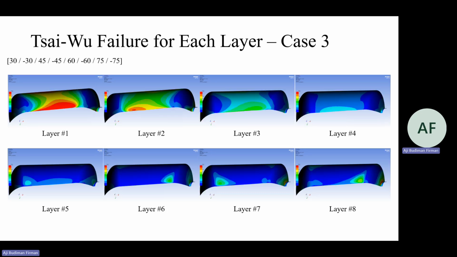Case 3 shows the highest failure risk because several layers exceed the failure limit. Since the sequence doesn't include 90-degree hoop plies, the laminate has lower resistance to hoop expansion. Therefore, case 3 is the least favorable sequence.